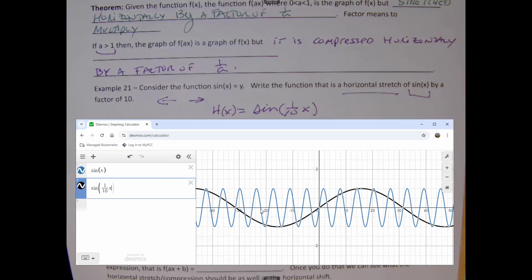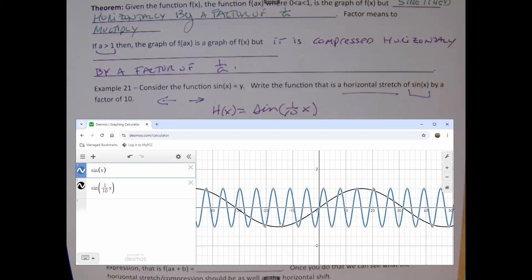After all, what was one wave here? It goes up, comes down, and there's the other position. For example, this low point, where is it now? 1.6. If I take 1.6 and multiply that by 10, where am I? 16.